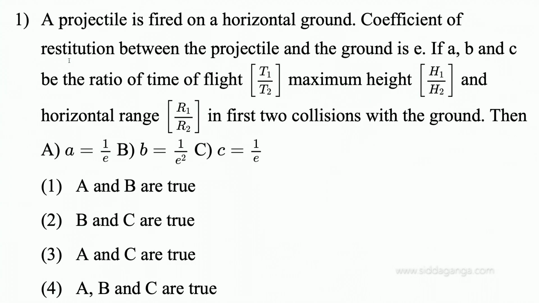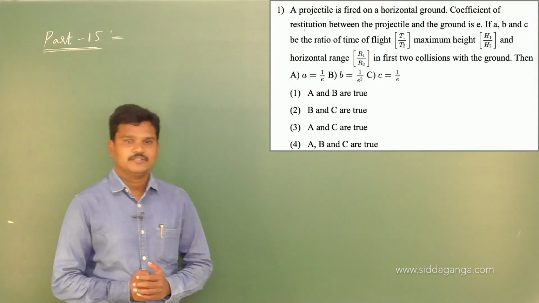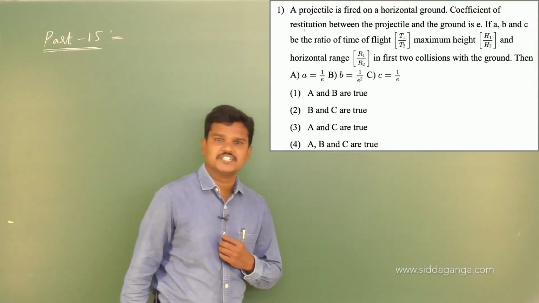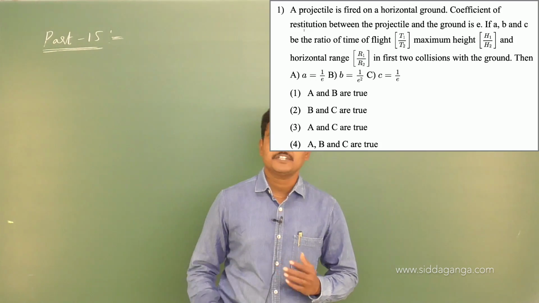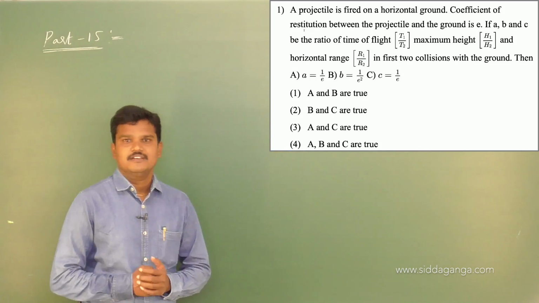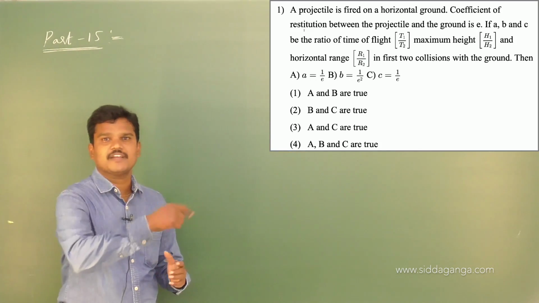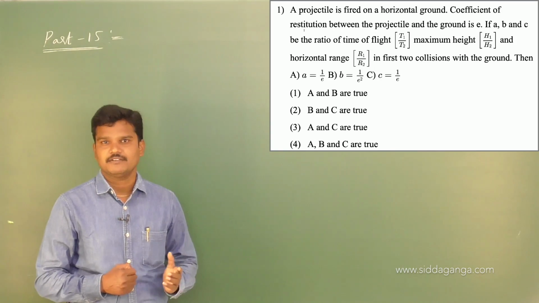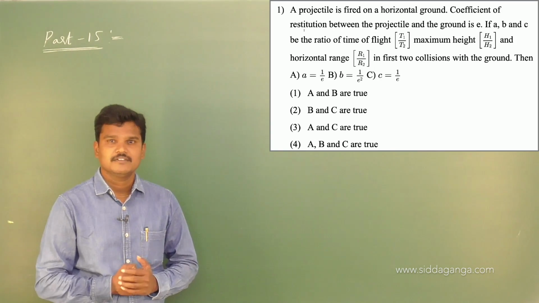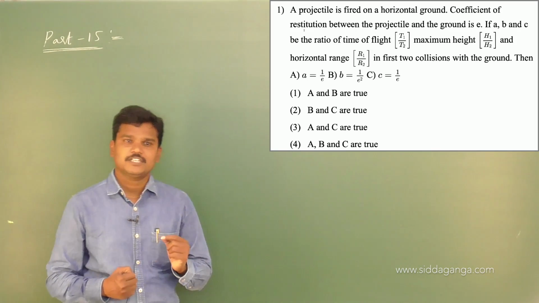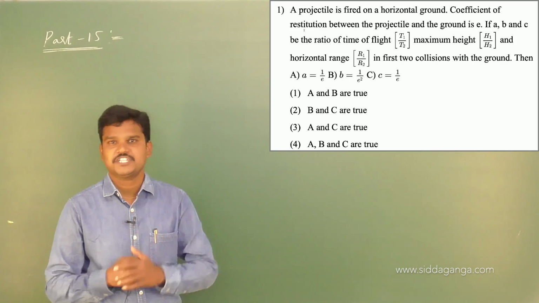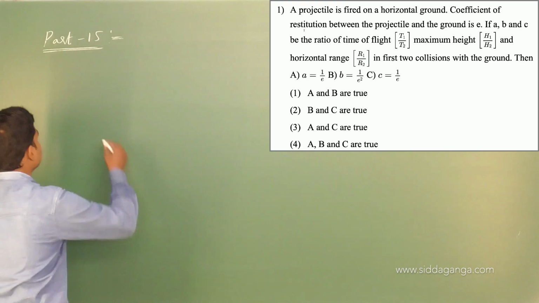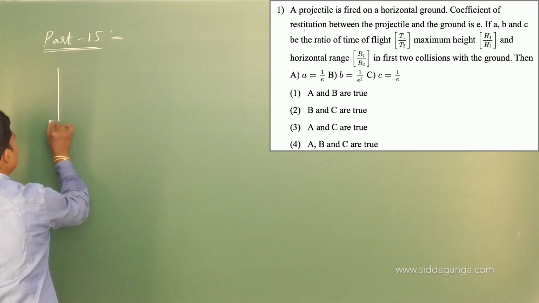Now let us see the solution of this. In the last sessions we covered the coefficient of restitution. A ball is thrown at some angle theta. We covered T1, T2, everything, and after the first collision we know the velocity of the ball becomes e times the initial velocity. According to the question, they have given two collisions.